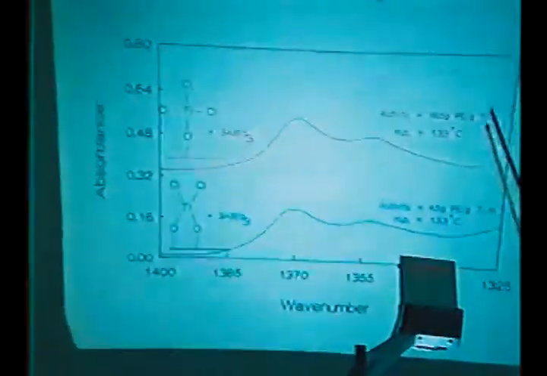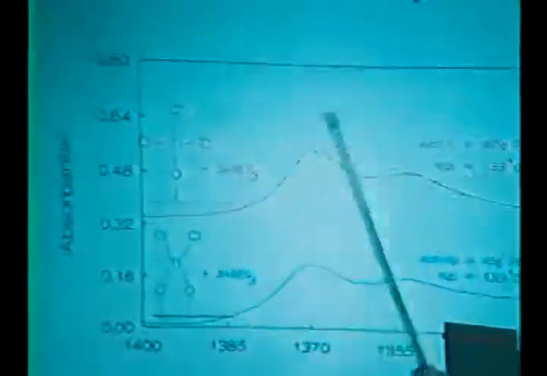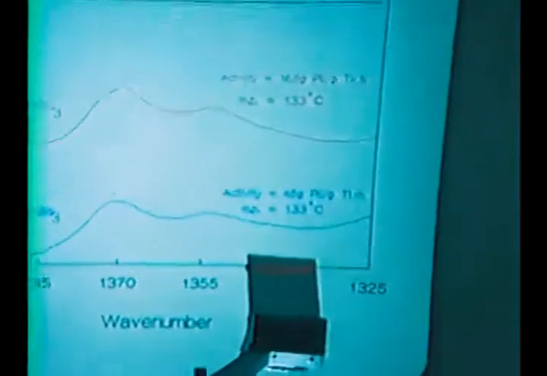The interesting thing, maybe not so surprising, is that the activities are very different. The singly bonded catalyst gives an activity of 165 grams of polyethylene per gram of titanium per hour of the reaction, whereas the bridge bonded catalyst gives an activity of about 45 grams of polyethylene per gram of titanium per hour.